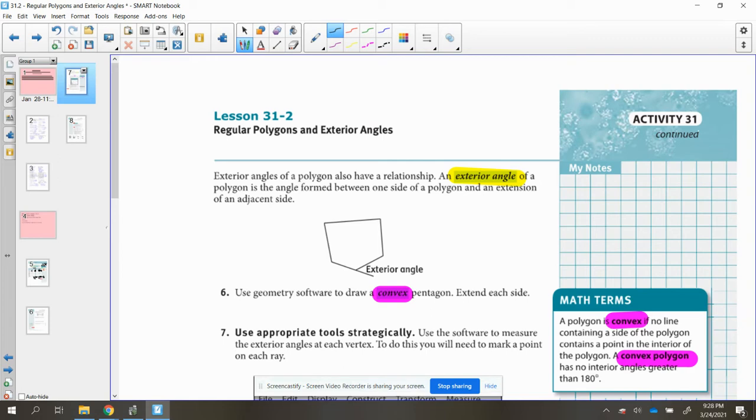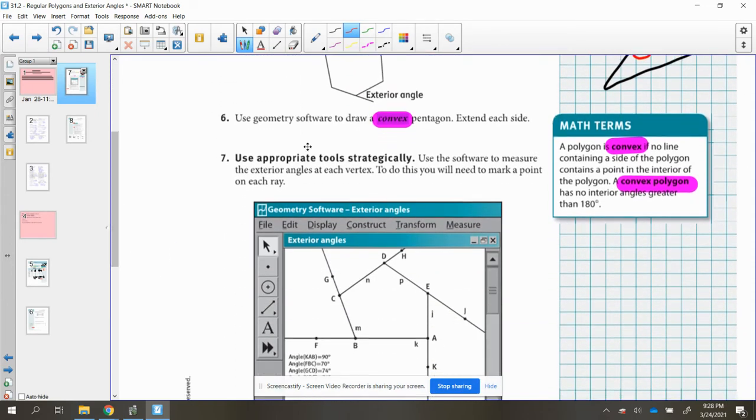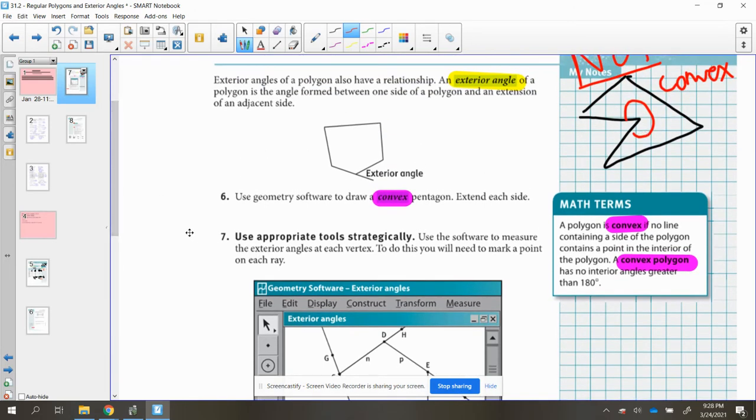A non-convex polygon would be something like this, where you have an angle that's more than 180 degrees. This would be not convex because of that angle. But traditionally, we're dealing with convex polygons, like our traditional polygon with those normal kind of size figures, right?